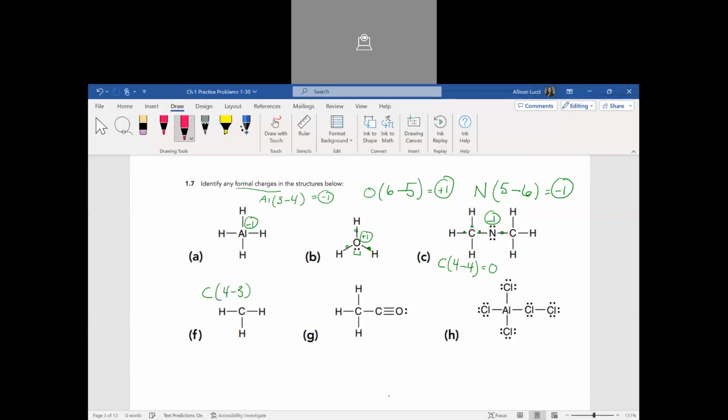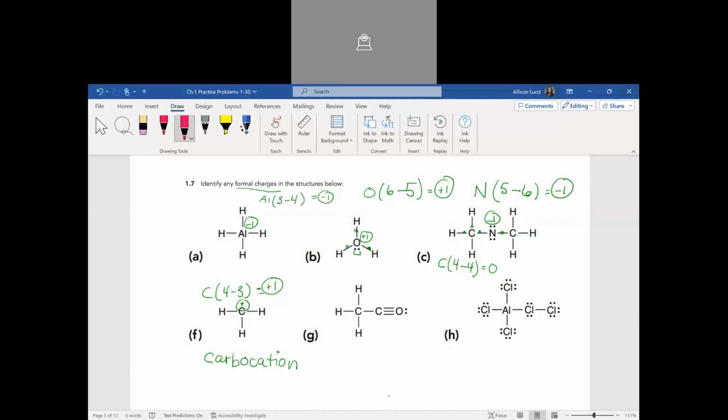So we know that 4 minus 3 will give us a +1, a positive charge on this carbon atom. This is called a carbocation, which we'll talk about extensively during our review of mechanisms.